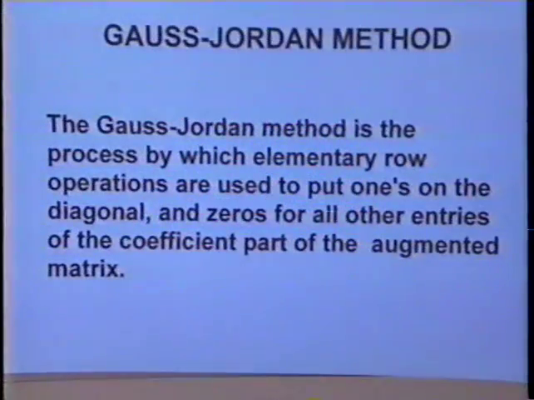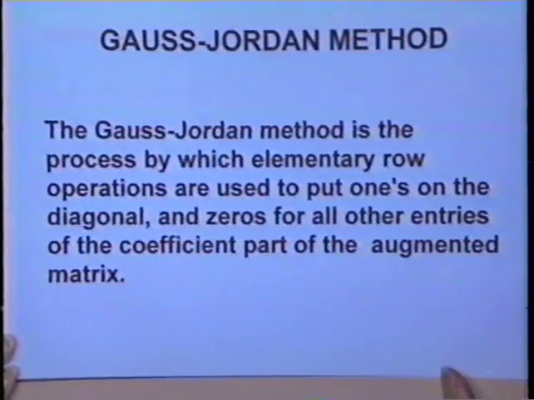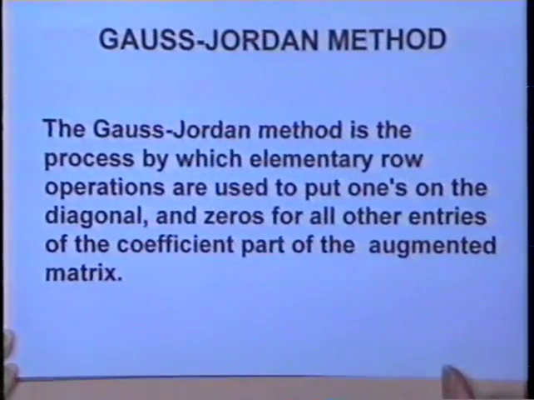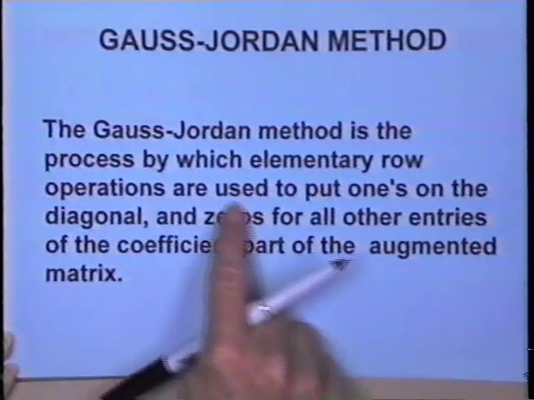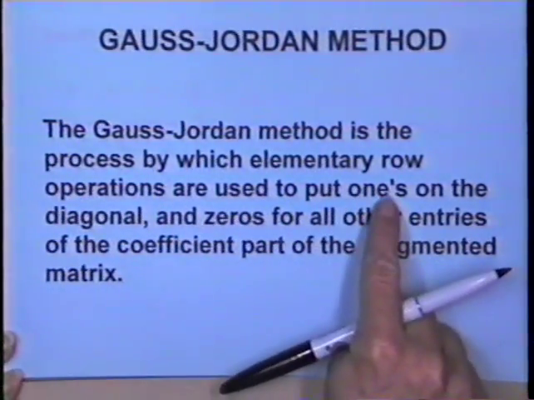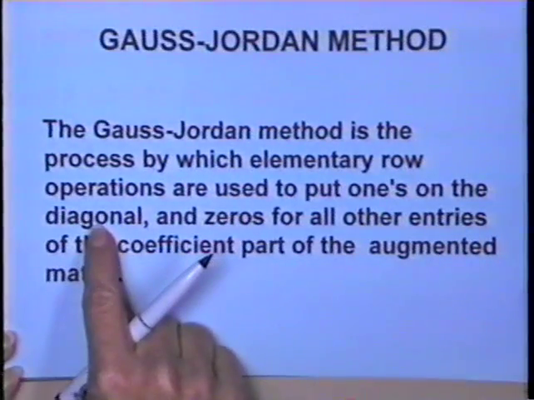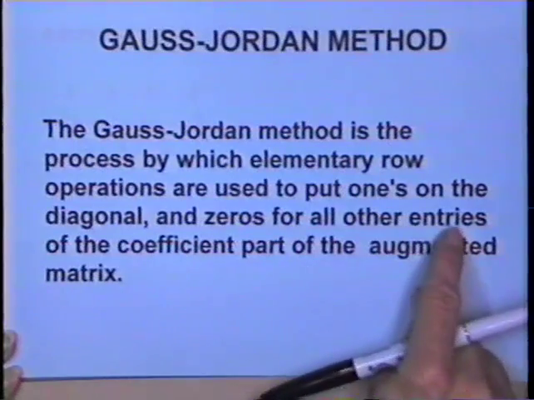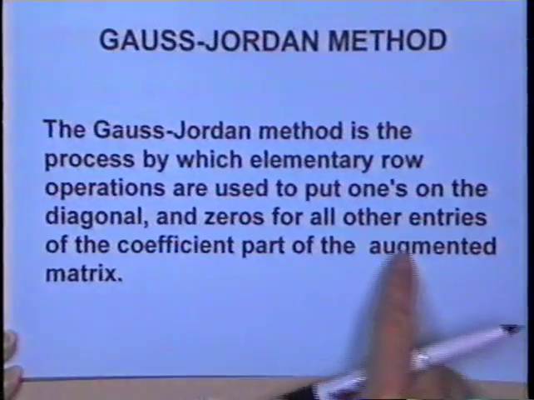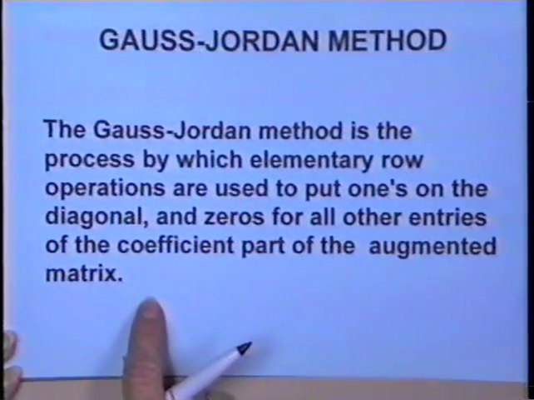Okay? Now let's take a look at what we mean by Gauss-Jordan elimination. The Gauss-Jordan method is the process by which elementary row operations are used to put ones on the diagonal and zeros for all other entries of the coefficient part of the augmented matrix.